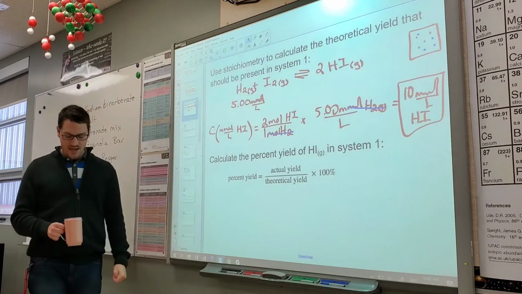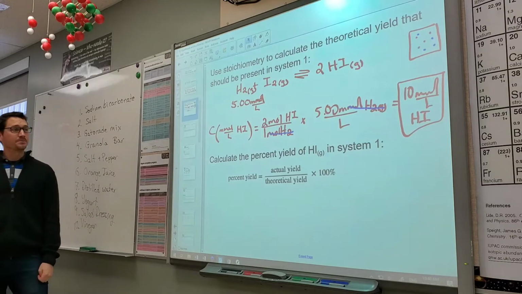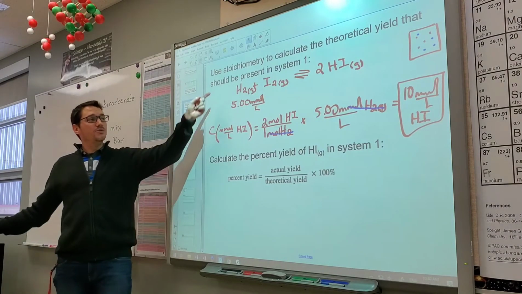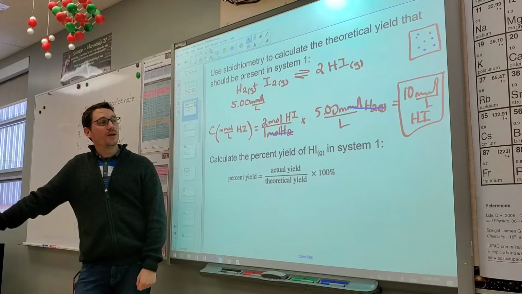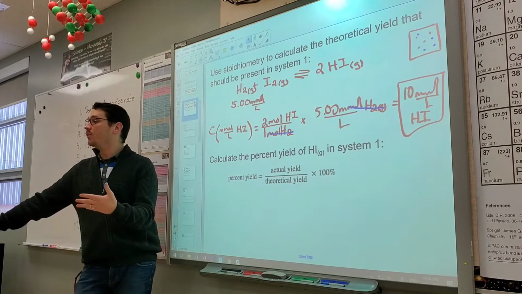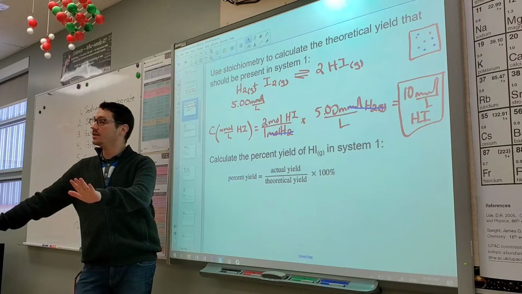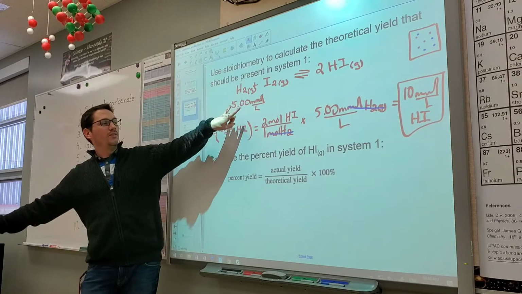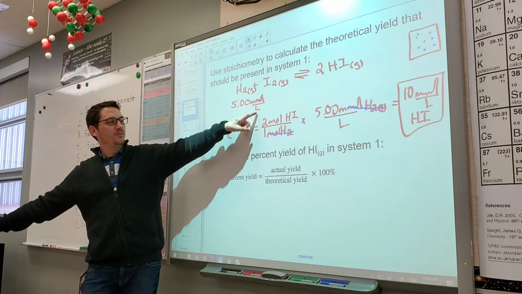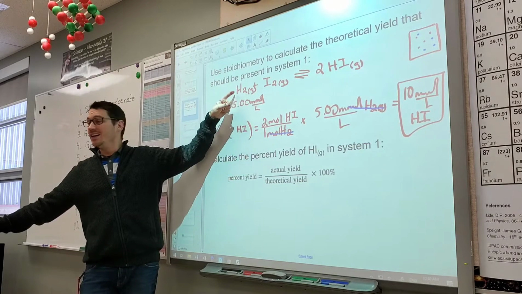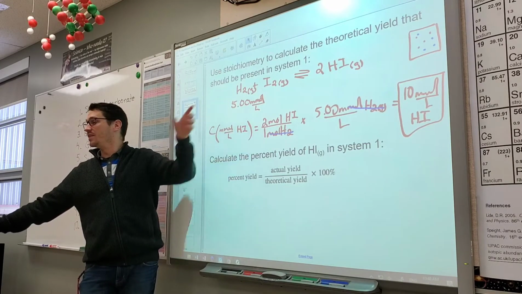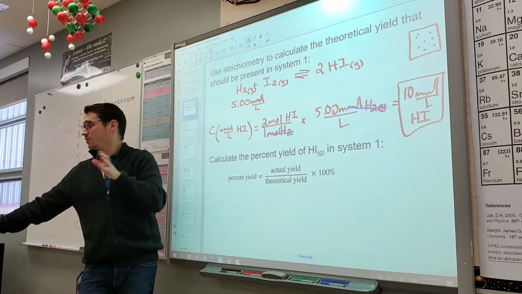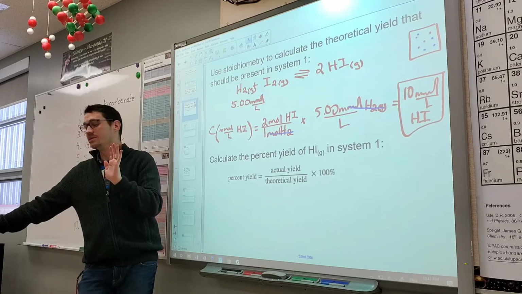We did a little bit of math to finish off yesterday, using stoichiometry to calculate the theoretical yield, or the amount that we would expect to get if there was a 100% reaction. So if we had a concentration of 5 millimoles per liter, keep in mind all of these chemicals are in the same flask, so they're occupying the exact same volume as each other.